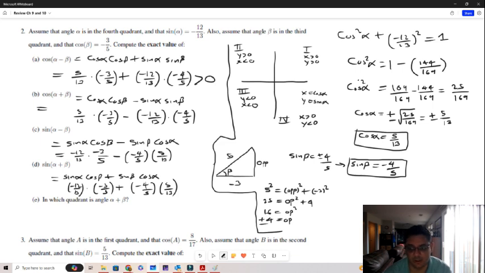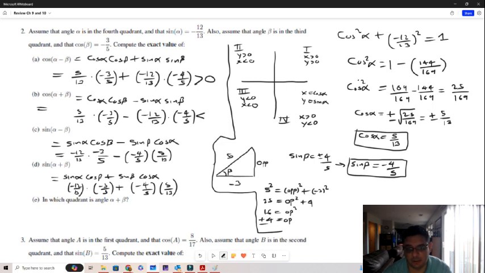The cosine of alpha plus beta is going to be a positive amount. This is going to be 48, and this is going to be minus 15. So it's kind of the same kind of thing. But here we have a very negative thing because the 48 is negative thanks to this number.